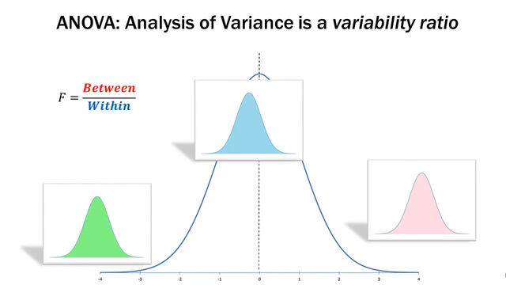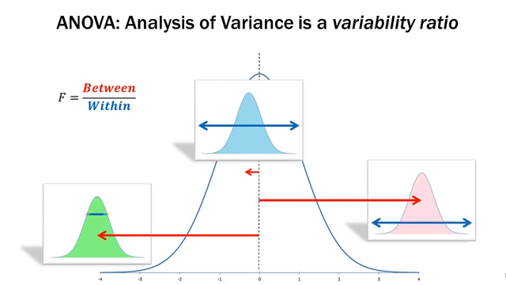So here's what we're left with. This F ratio, remember the F ratio is a ratio of two variances. So we have the between variance, so again the distance of each mean from the overall mean, or the combined population in the background, as compared to the variance within, so within each sample distribution.